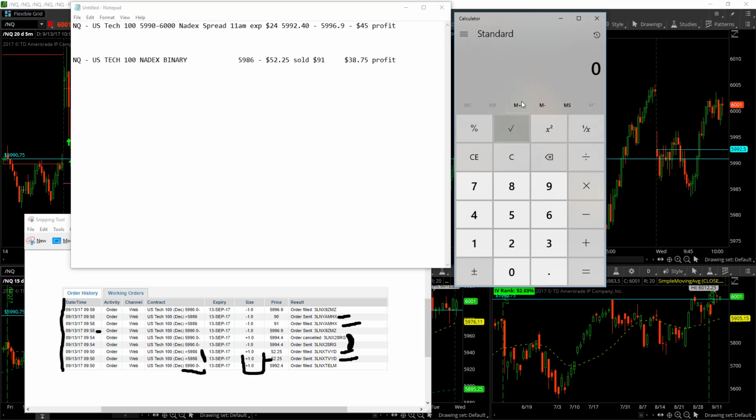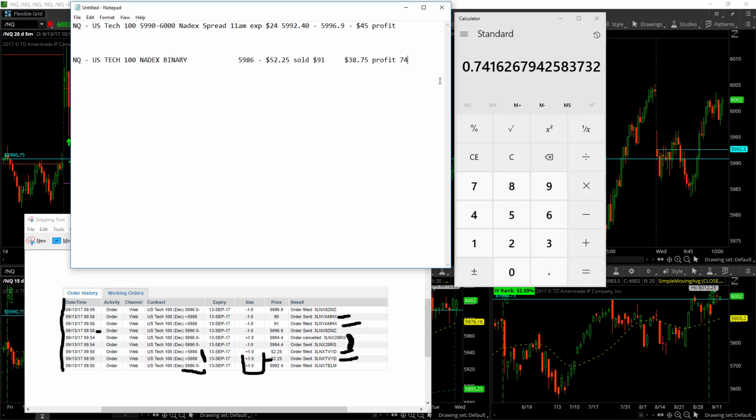So if we take a look at this, we made $38.75 on the traditional binary with $52.25 worth of capital. So if I remember how to do math right, 38.75 divided by 52.25, that is a 74% return on money for this one.